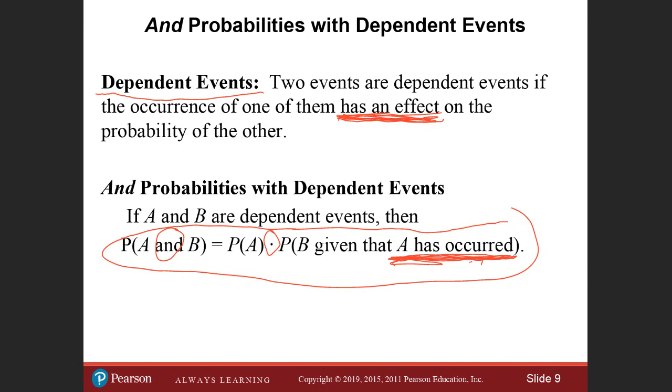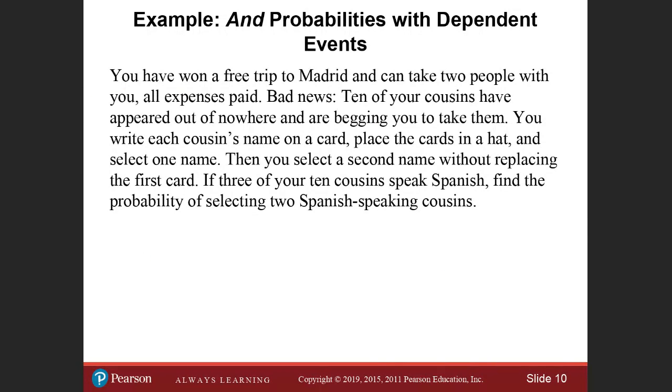So let's have an example. Okay, so please read the problem and get all those important information. Okay, so the problem here, you have won a free trip to Madrid and can take two people with you.